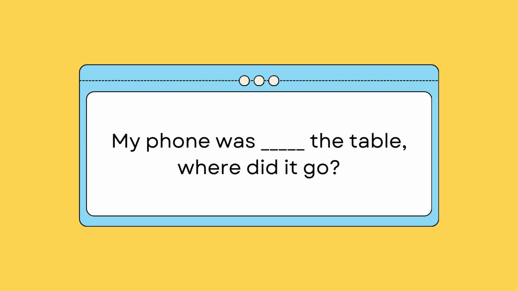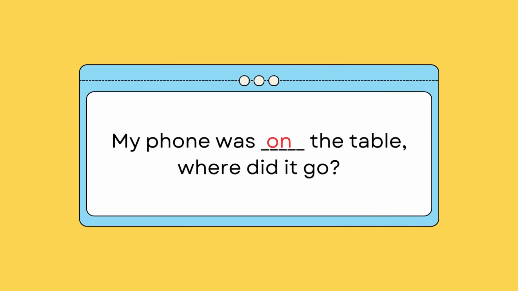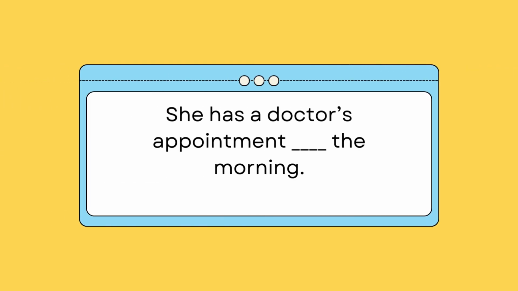Now it's your turn. Can you complete these 6 sentences using on, at, or in? My phone was on the table. Where did it go? She has a doctor's appointment in the morning.